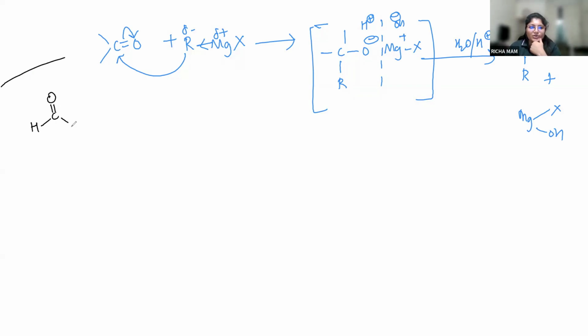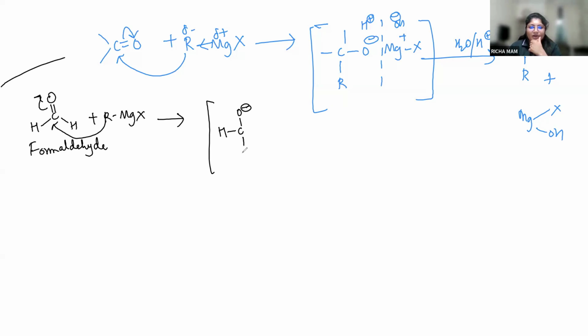When both are hydrogen, we call it formaldehyde. When this formaldehyde reacts with RMgX, I am going to get H, H, R, O minus Mg plus and X. Now again addition of water takes place: here H plus, here OH minus.